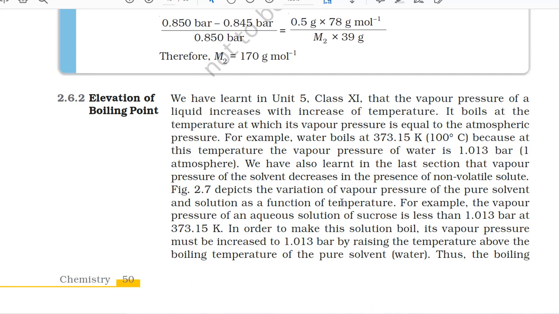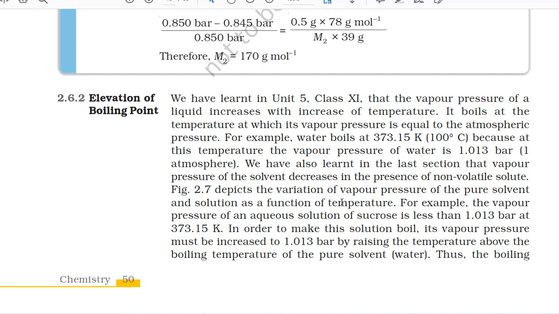We have also learnt in the last section that vapor pressure of the solvent decreases in the presence of non-volatile solute. Figure 2.7 depicts the variation of vapor pressure of the pure solvent and solution as a function of temperature. For example, the vapor pressure of an aqueous solution of sucrose is less than 1.013 bar at 373.15 Kelvin.